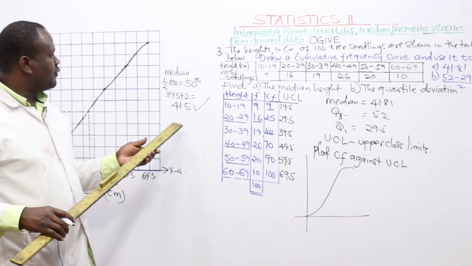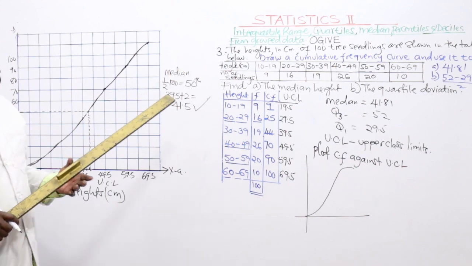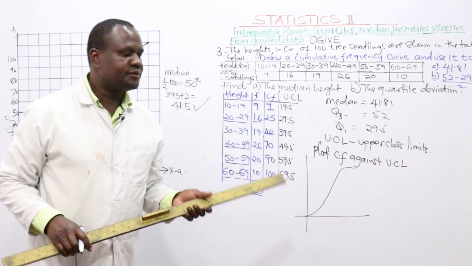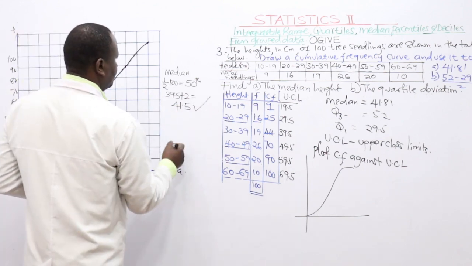The answer is around 41.5, which is not different from what we got, 41.8. So this one is more rough than the other one.